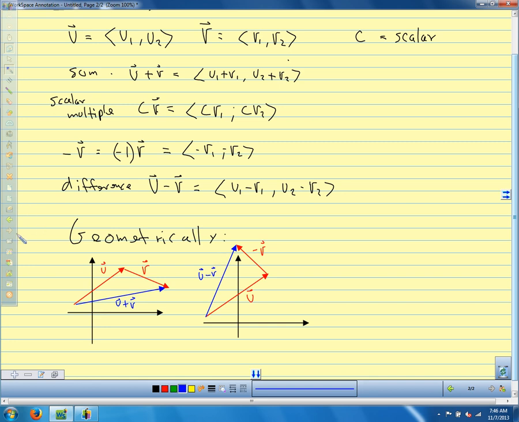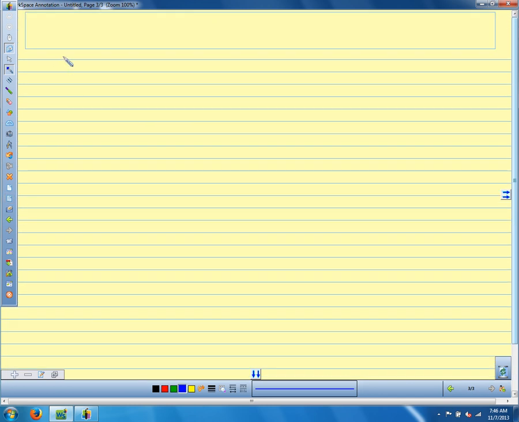I just want to make sure that we understand, just so that when you hear it, the additive identity. So vectors have an additive identity. The additive identity is the zero vector, just like the additive identity for numbers is the number 0.